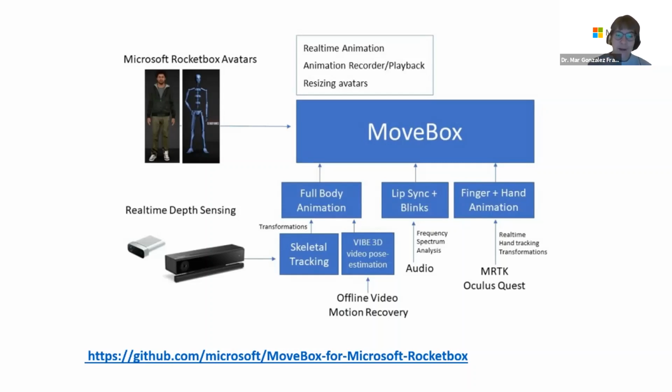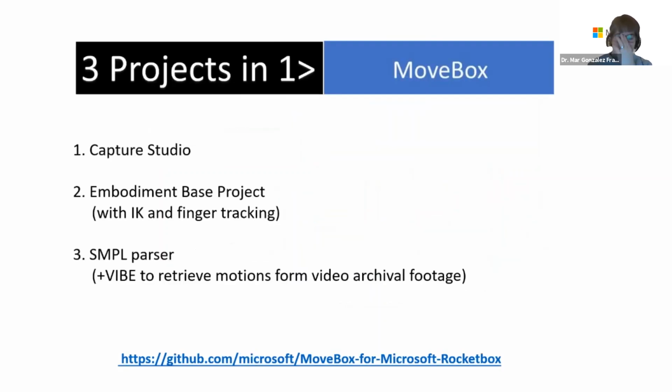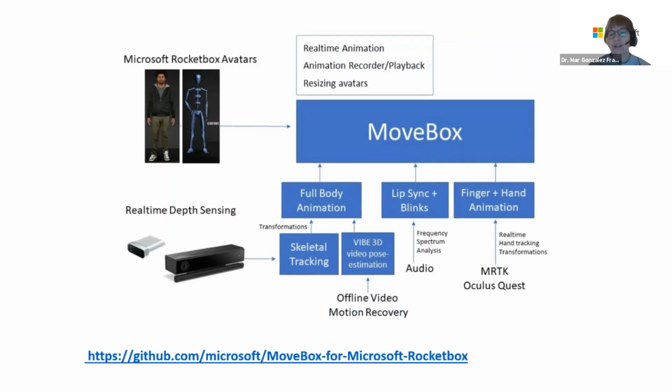And then we also have other parsers, for example, for simple body skeletons. So you can use things like VIBE by the Max Planck people to do offline video motion recovery. And then a few other small tools like small lip sync with audio, you put audio, blinking, so you have minimal facial animations, and things like finger and hand animation for real-time embodiment.